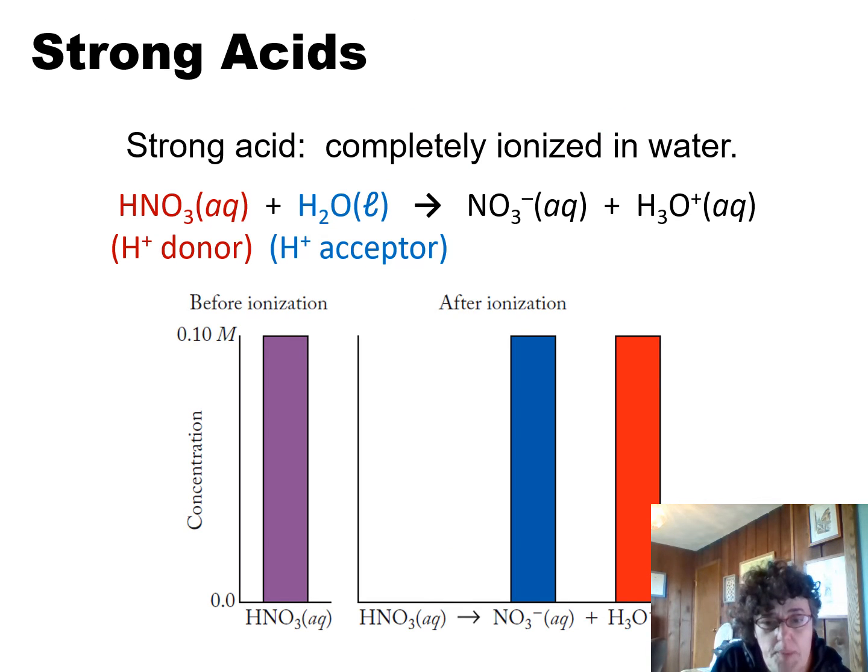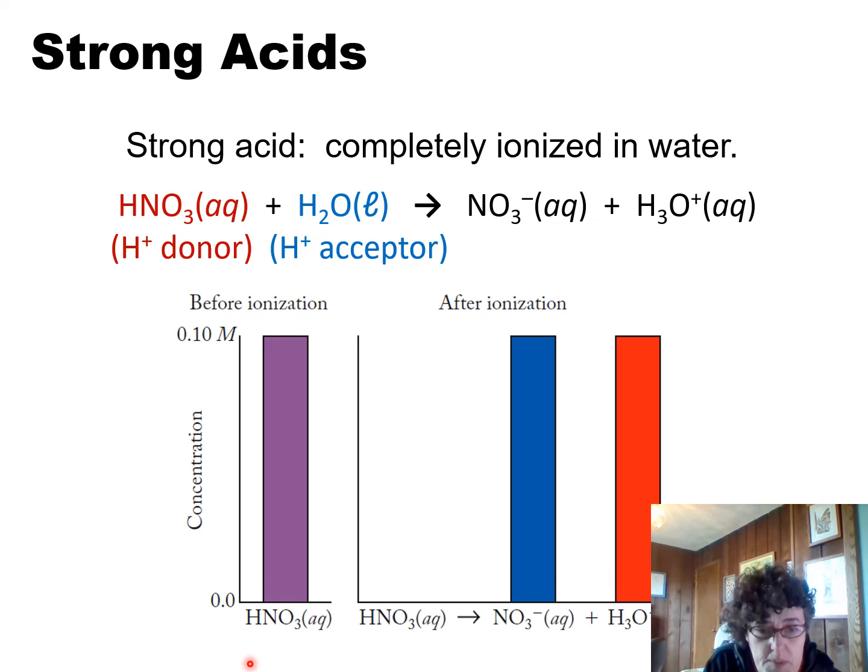Okay, so let's go back to our acids, and we have learned to make a distinction between strong acids and weak acids, and we need to refresh that concept. Strong acids are completely ionized in water.